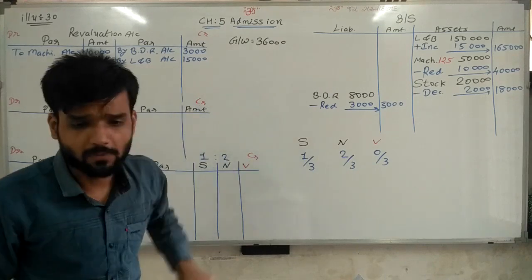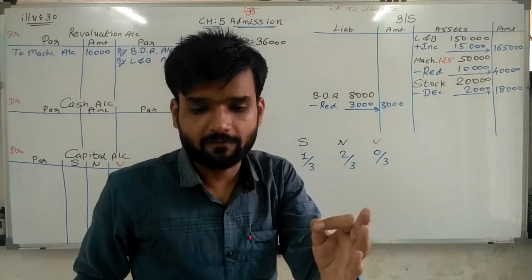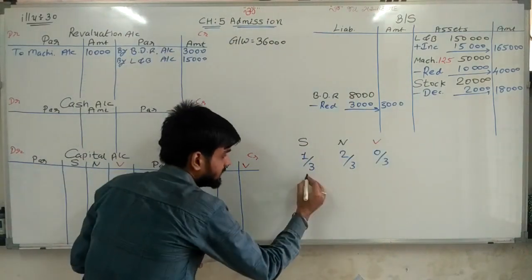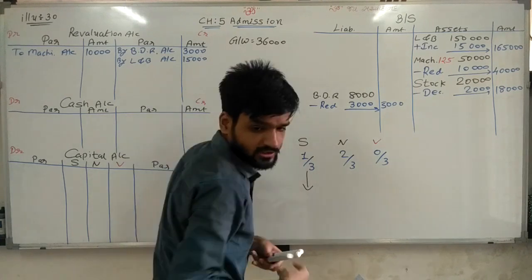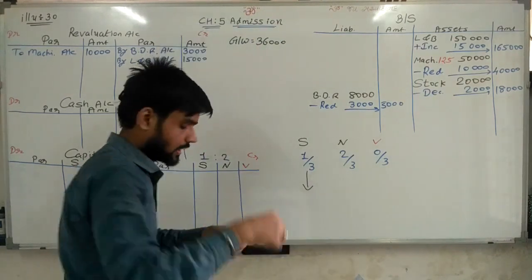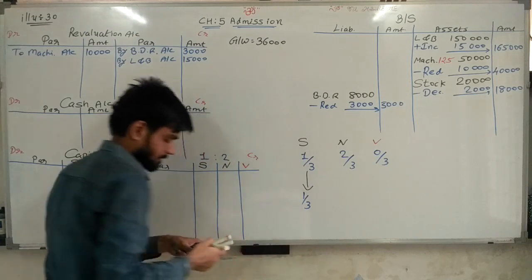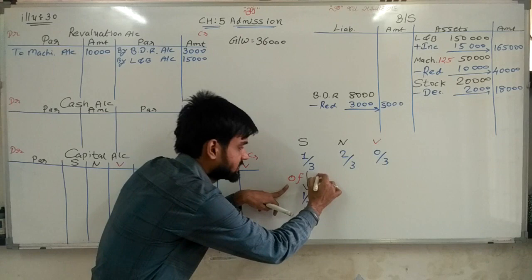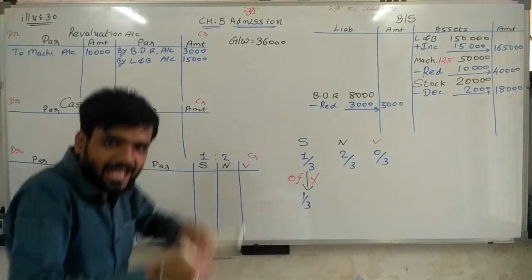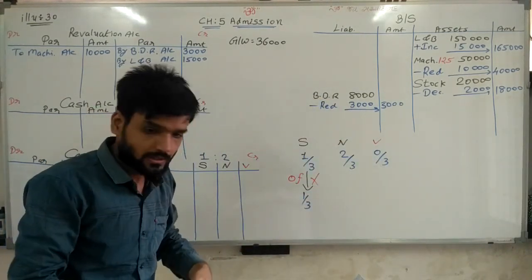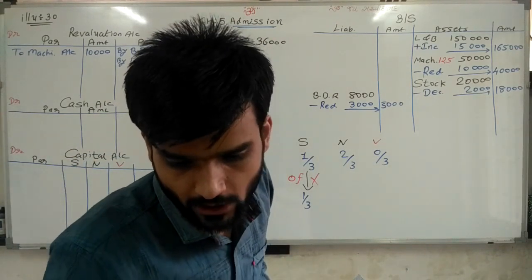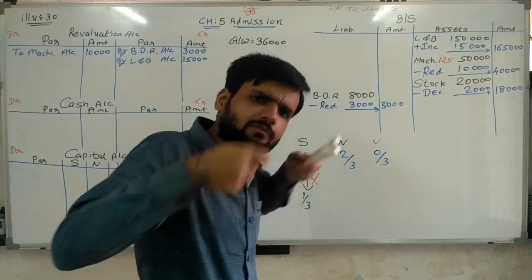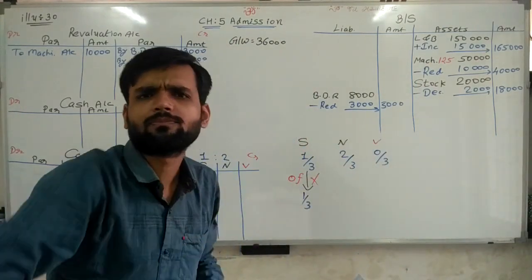Now the first partner, Shivani, sacrificed 1/3 of her share. So Shivani sacrificed 1/3 of her share. Of means first multiply, then give. And the second one given, Neeraj sacrificed 1/3 share for Vijay. Directly 1/3 share is given to Vijay. Directly means from.